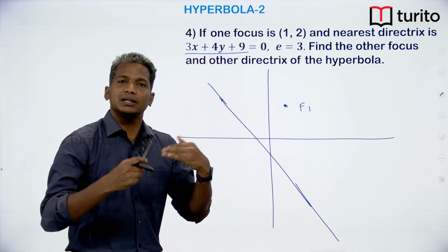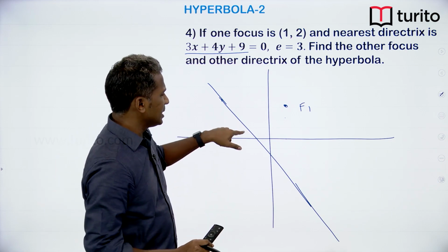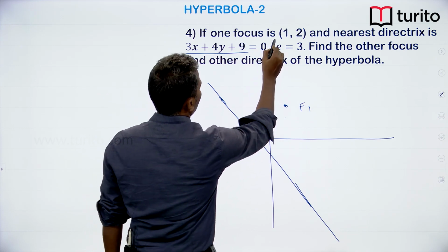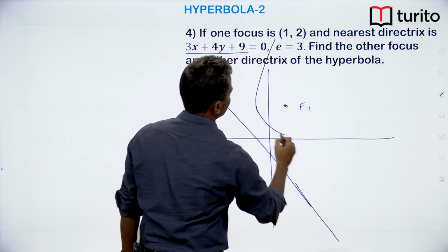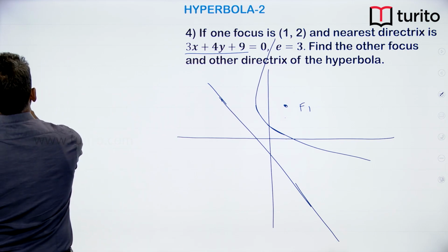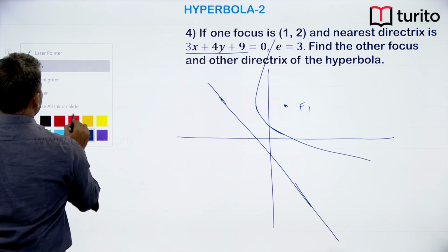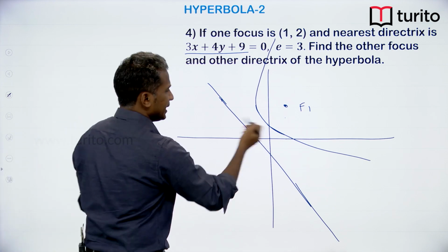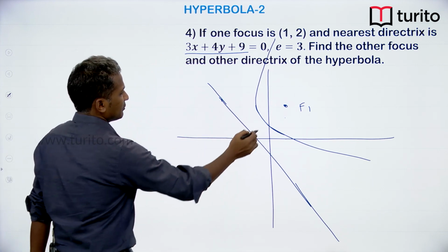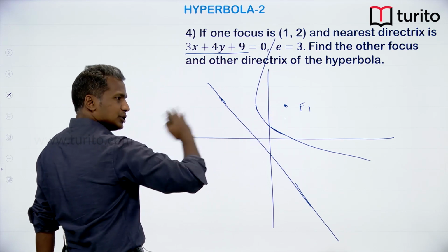Now, how do we get the others? If this is the nearest directrix and this is the focus, the curve is going to have a shape like this. Now if we want to find the other characteristics, we have to predict the location of the other focus and other directrix. That will come completely opposite to this.